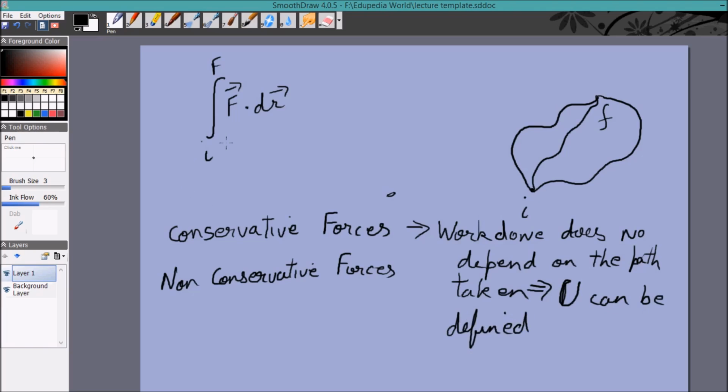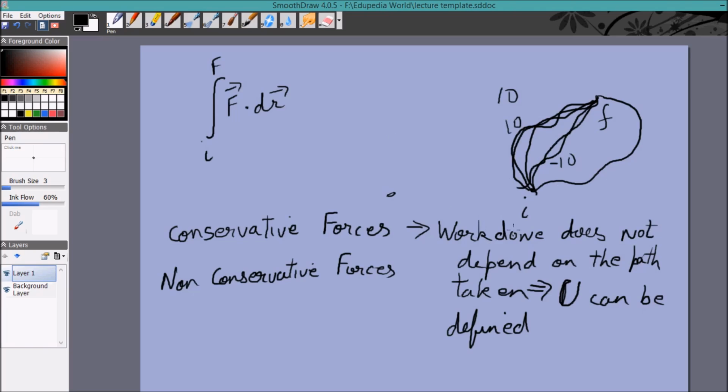Now, let's say integral i to f F dot dr is independent of path. That means I go along this path, it has a value 10, let's say. And I go along any path, it has a value 10. That means if I go along this path and I come back along this path, then this would give me a 10 and this would give me a minus 10, right? Because now the direction is opposite, so the limits have reversed. So the sum would be 0.